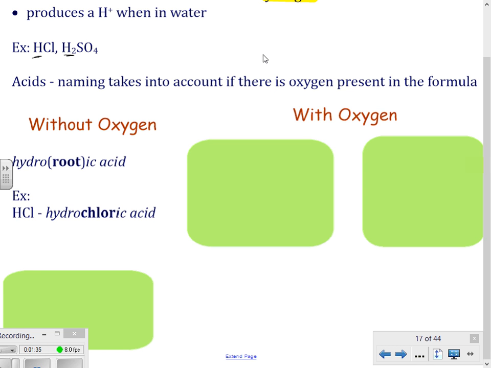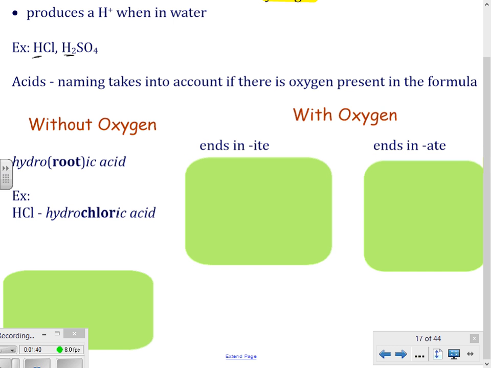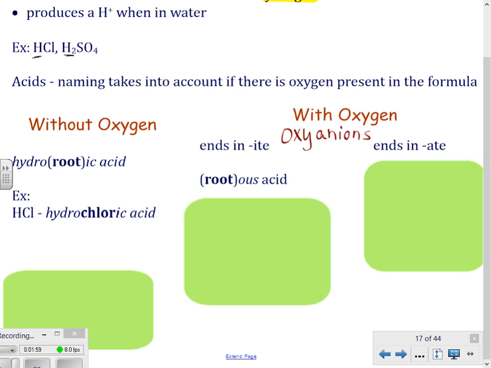Now when we have oxygens, you have to worry about, does it end in ite or does it end in ate? These are your oxyanions, O-X-Y-A-N-I-O-N-S. These are your polyatomic ions that contain oxygen. If it ends in ite, you're going to take the root of the polyatomic and add OUS. Ite-ous. Kind of like you have appendicitis. That's how I remember it, at least. And of course, you put the word acid.